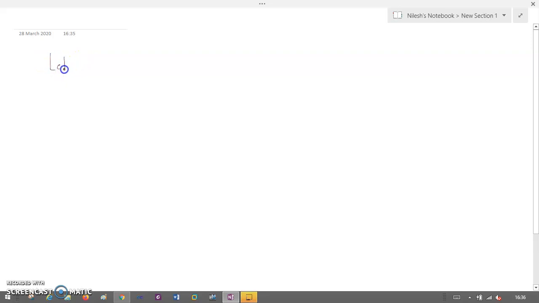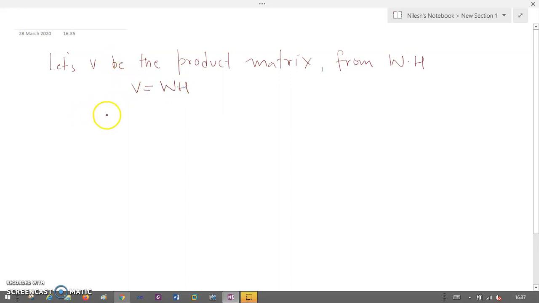So let V be the product matrix from W cross H. Okay, and you can represent that in this term, V equals W H. So this is basically the column vector.